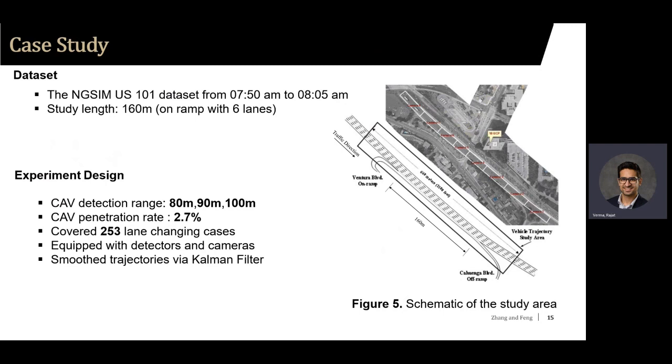So my question is, how many vehicles decide based on their acceleration rate changes? Because if there is no available room on the target lane, the vehicles cannot change lanes, right? So how can you detect these situations about the target lane's available slot? Okay, I think that's a very good question.